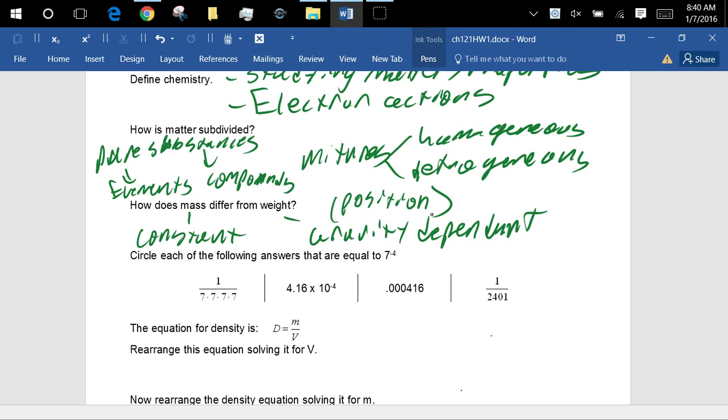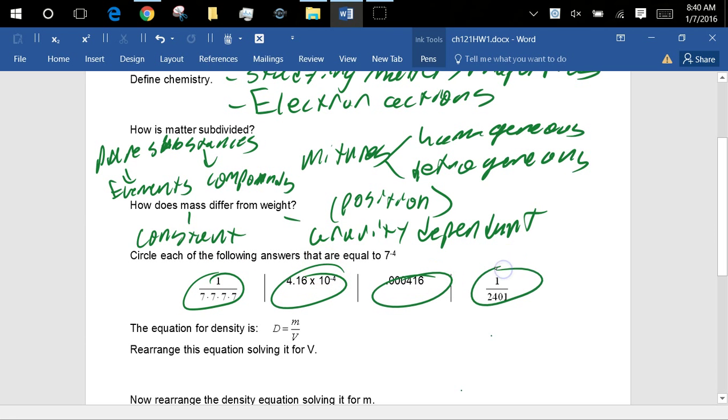Okay, this next one. Which ones of these are we going to circle? All of them. So just like English, where you can say stop like 9 different ways, in math you can say the same exact thing many different ways. So all 4 of these things are exactly the same thing.